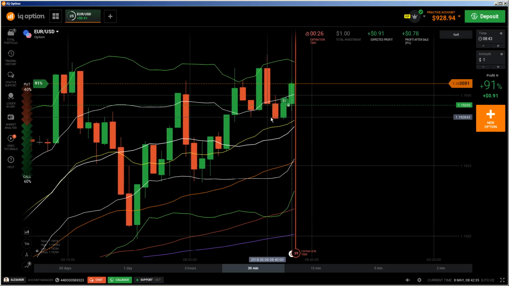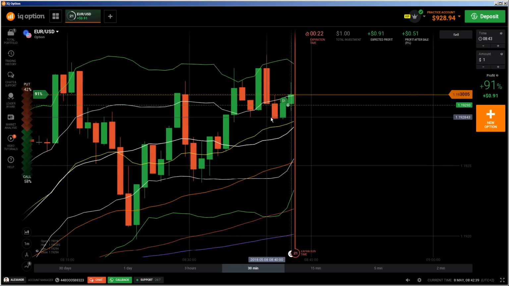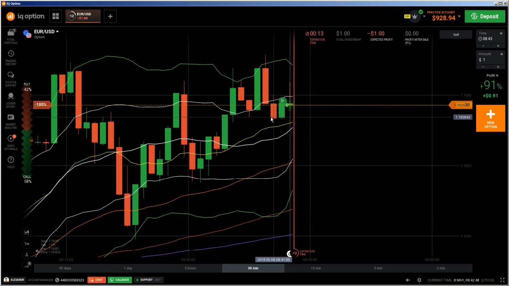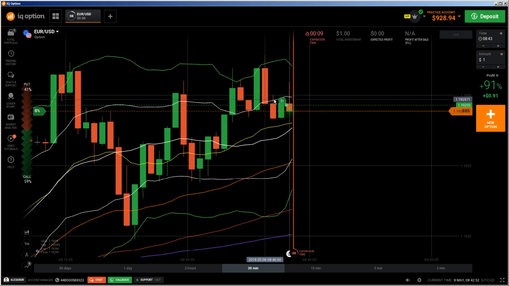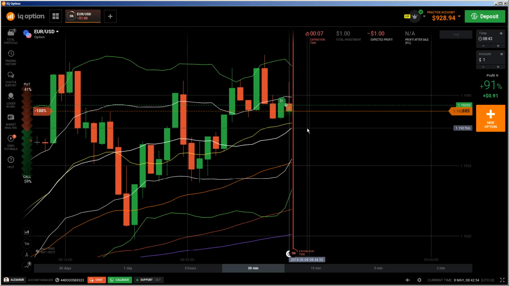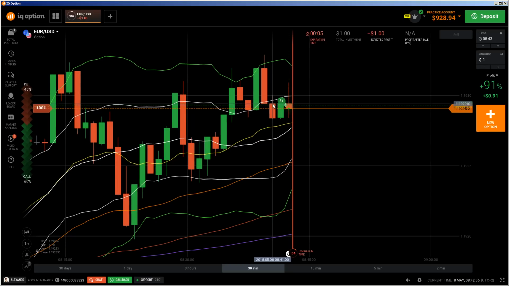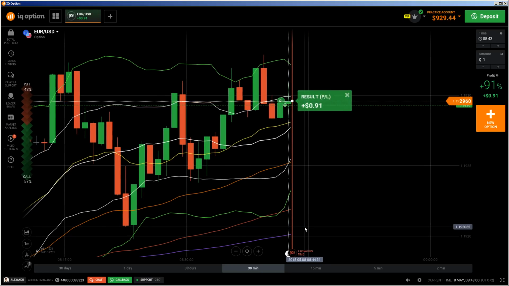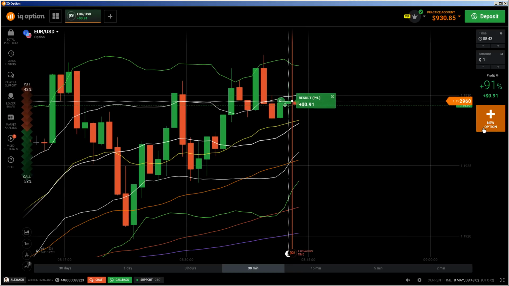The only thing missing was a rejection, but I have explained this in the no rejection part of my ebook, where I explained that sometimes you have to enter without any kind of rejection because the support area or the resistance area is too close to the other candle. You see, this candle was really close to this one, so if I would wait for a rejection, this would be out of the money.